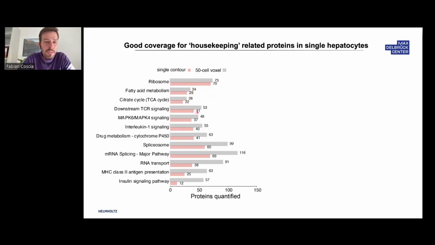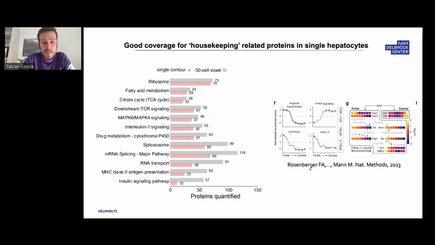And in fact, this is not shown here, but in a similar comparison, we also compared our data to very deep, 10,000 protein deep resource data sets in the literature, where we did not find many more proteins for many pathways, clearly showing that using these single cell based assays, we can already learn a lot about the metabolic profile of these cells, and really for the first time look at cell to cell heterogeneity in the tissue context.